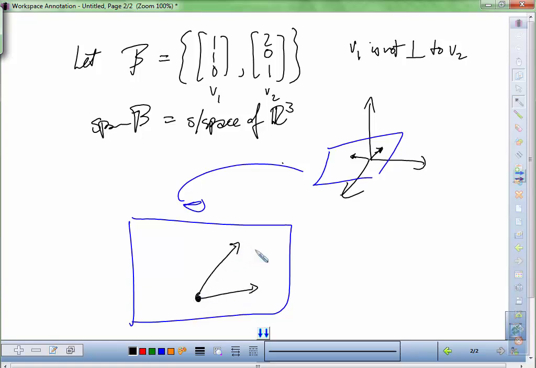And they're not necessarily perpendicular. But now I want to create a set of vectors that is going to be perpendicular. Are you guys with me with this idea?